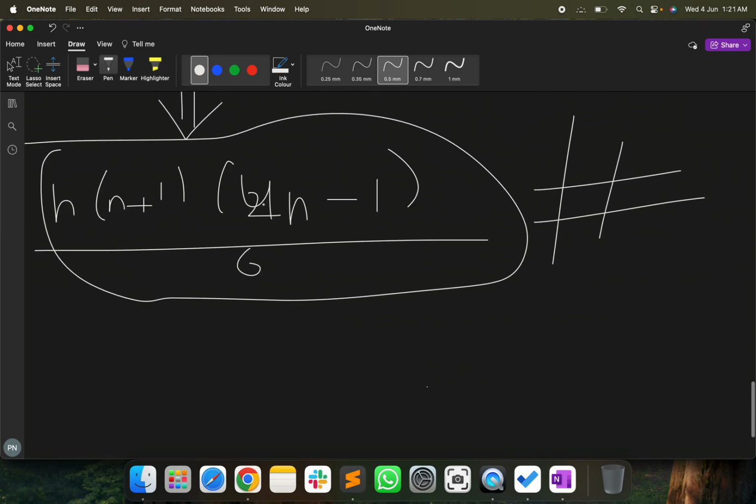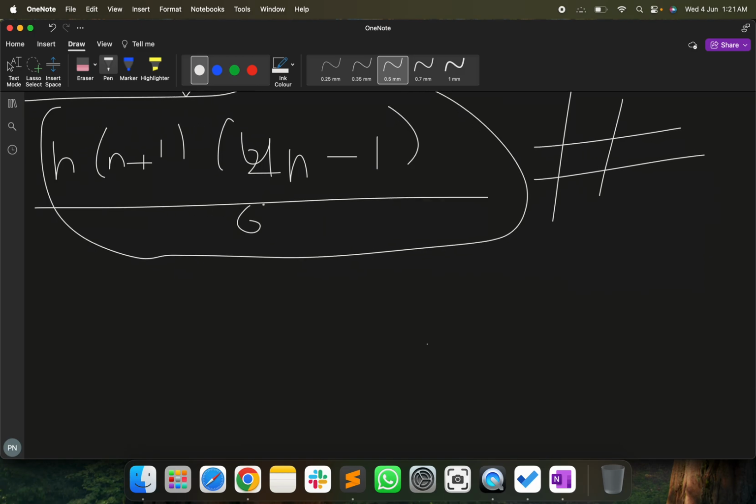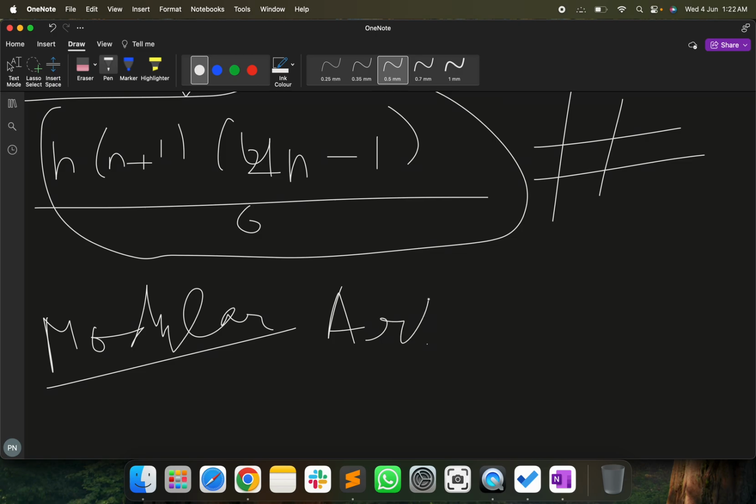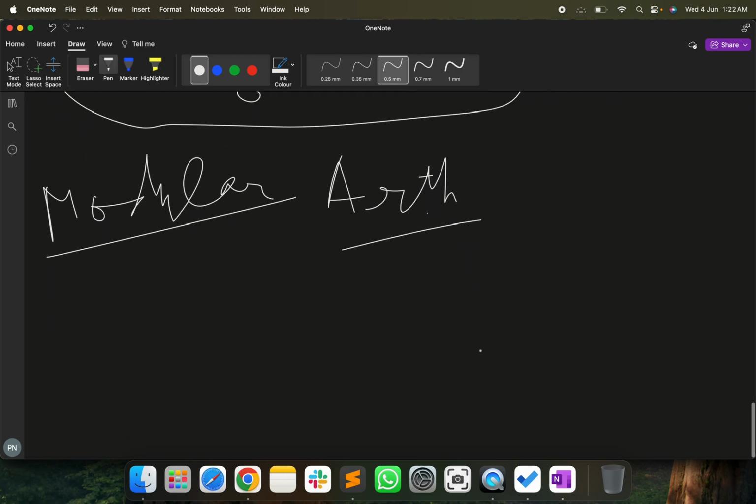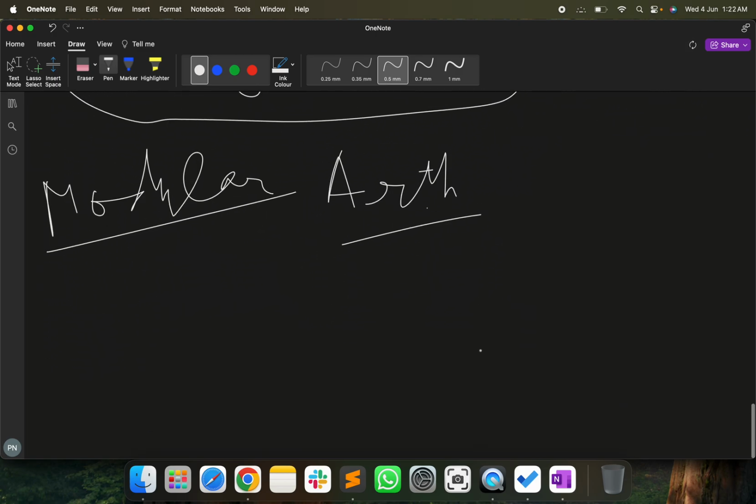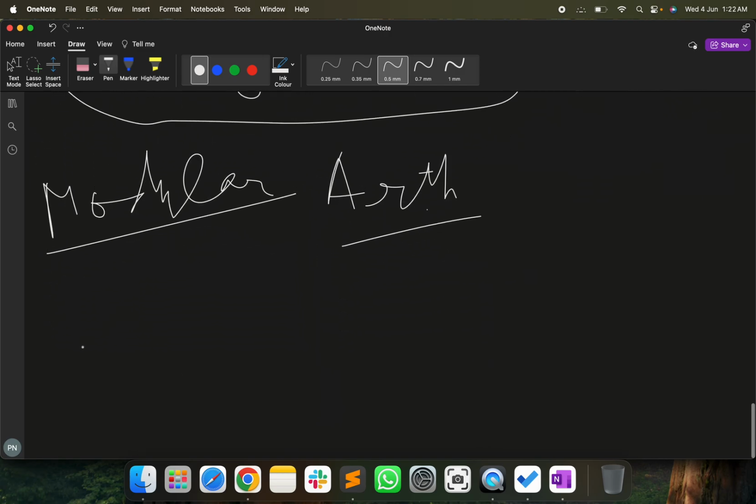Now the more difficult thing to understand right now is something called modular arithmetic. What modular arithmetic is, I will explain it with the most basic example. If we have a into b, and we take the mod of this with a number called m, what will be the answer?